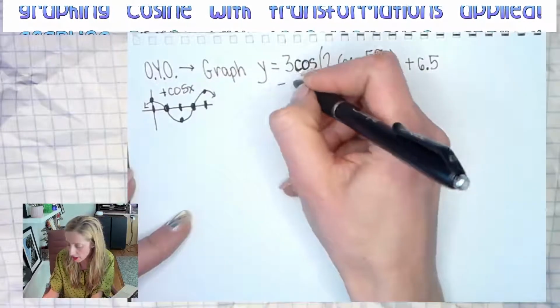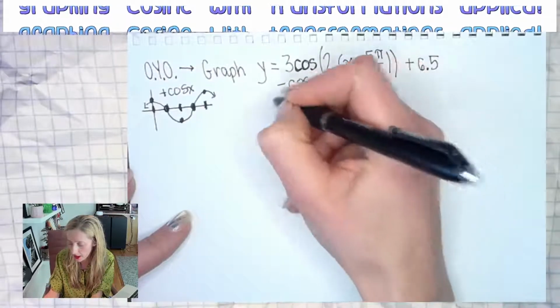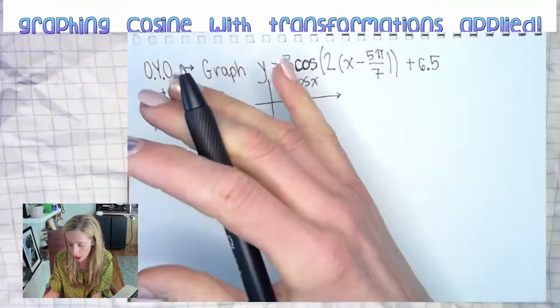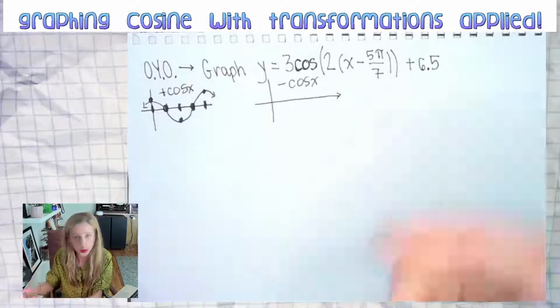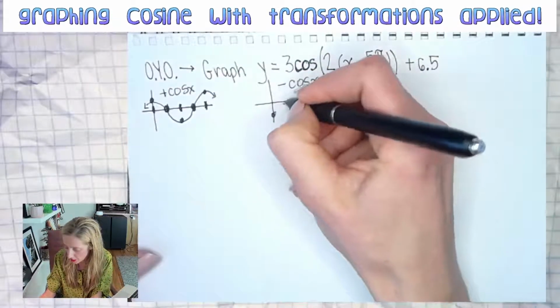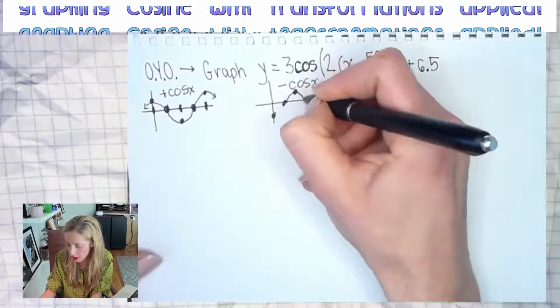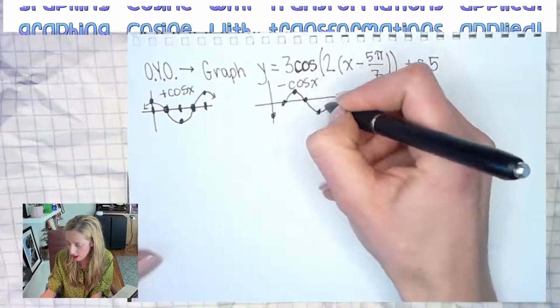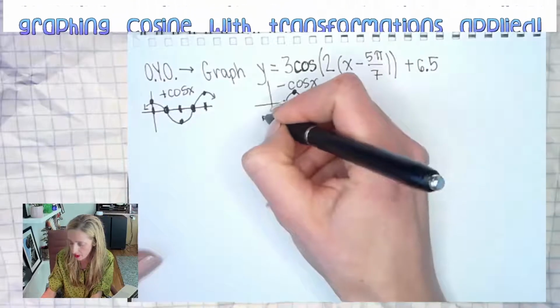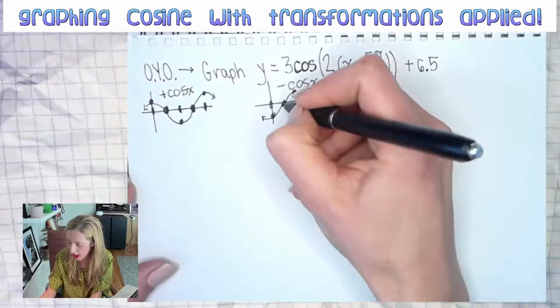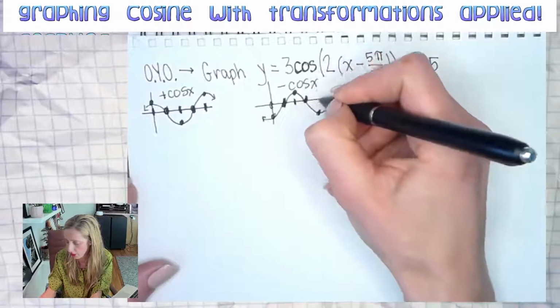And just so we have a side-by-side comparison, negative cosine really is the same parent function, but with a vertical reflection. So it's going to be a bit more like this, and then this part here is concave down, looks like a frown, and the two ends are the little concave ups. In either case, you will have 5 tick marks, 1, 2, 3, 4, and 5.